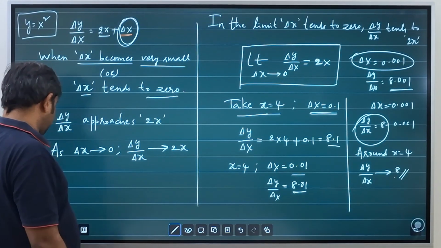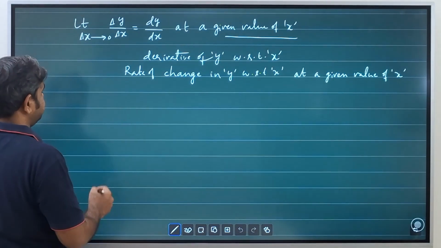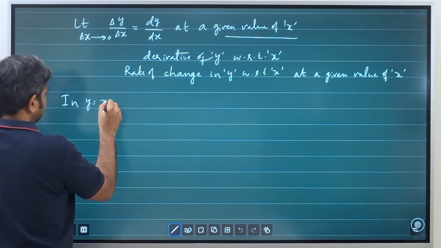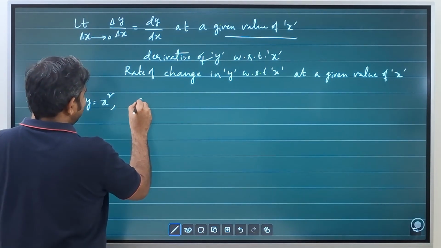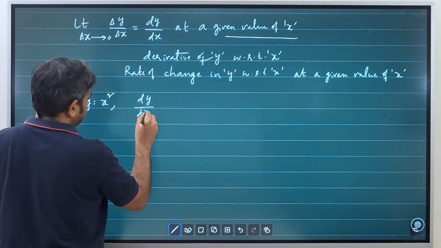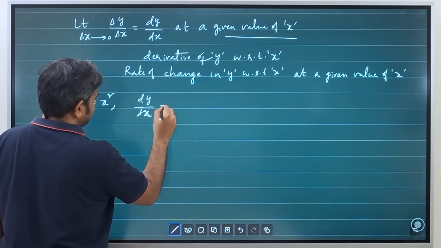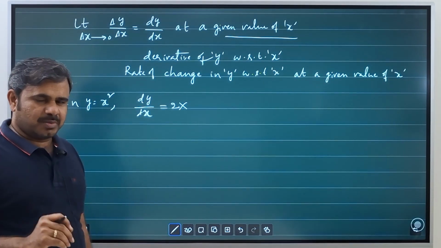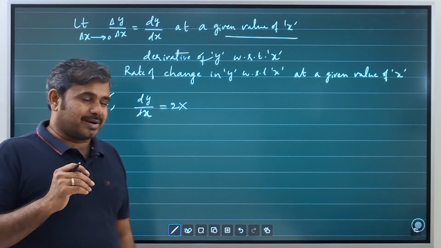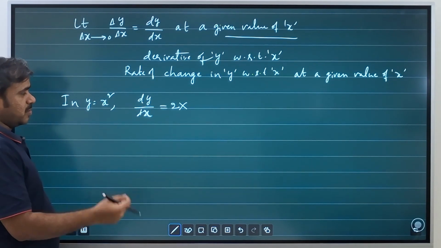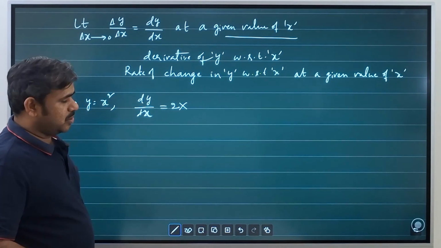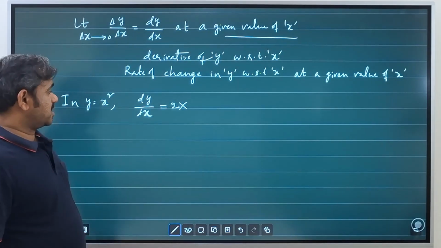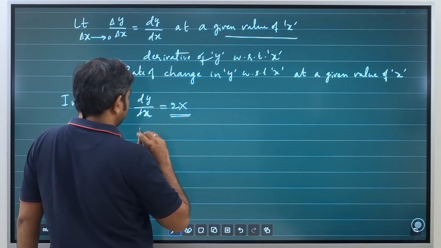So in this function, we can write: in the function y is equal to x square, dy by dx is equal to 2x. A small change in y by a small change in x, or the rate of change in y with respect to x at a particular value of x, or the derivative of y with respect to x, is equal to 2x.